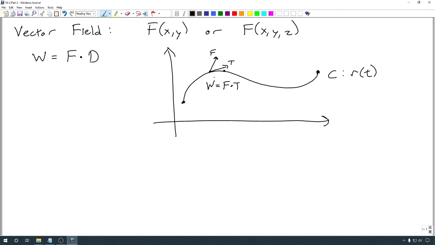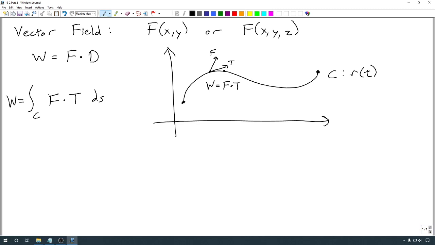But once we have a scalar function, we can treat it using the line integral that we talked about before. So essentially we use the original line integral to add up all the values of this F dot T over this curve, and we'll say that is the total work over that curve.